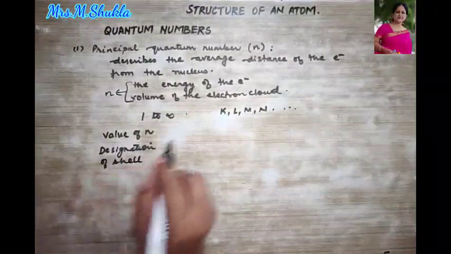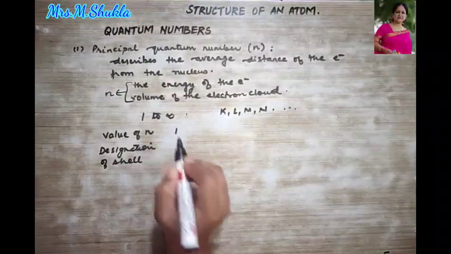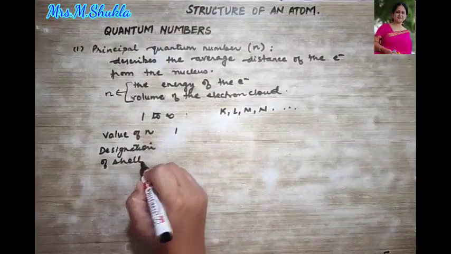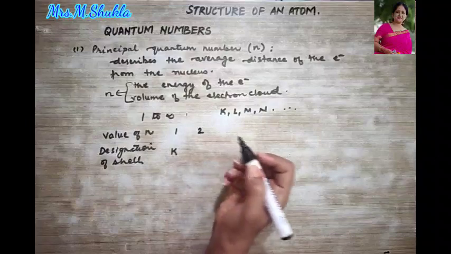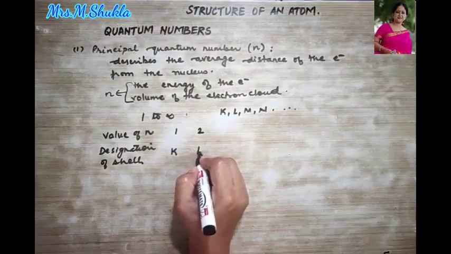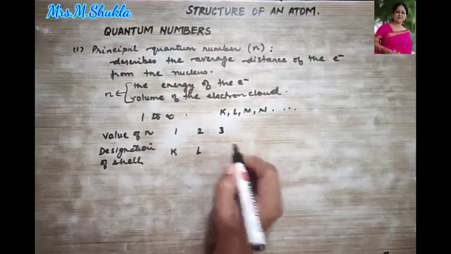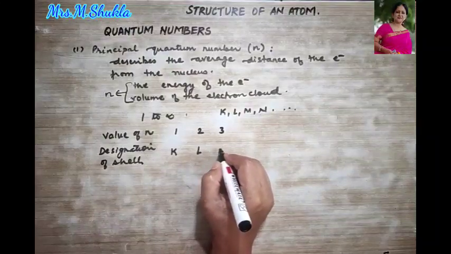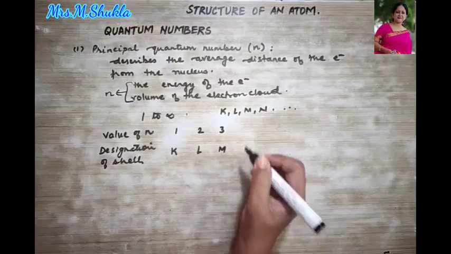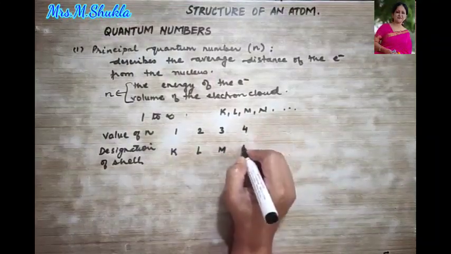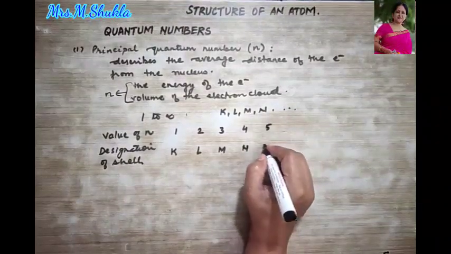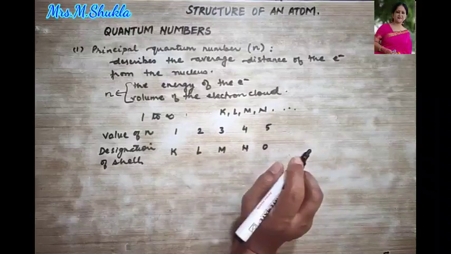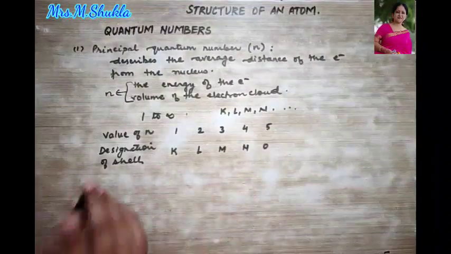If the value of N is 1, we are talking about the K shell. If the value of N is 2, we are talking about the second shell, L. If the value is 3, we are talking about M. If it is 4, then we are talking about the N shell. If it is 5, we are talking about the O shell and so on. I hope this point is clear.